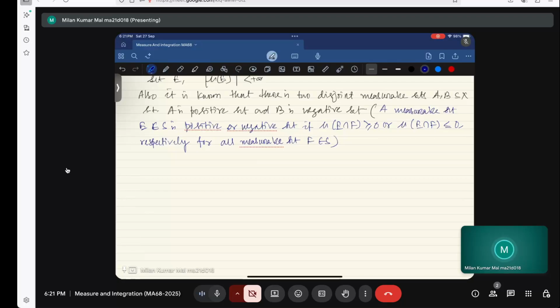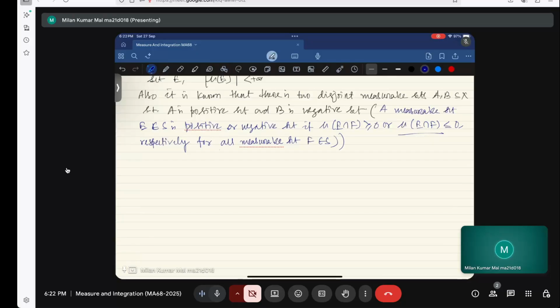What it says is that a measurable set E belonging to S is said to be a positive set if for every measurable set F, mu of E intersection F is greater than or equal to 0, or is said to be a negative set if for every measurable set F we have mu of E intersection F is less than or equal to 0.